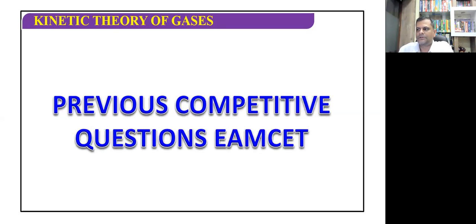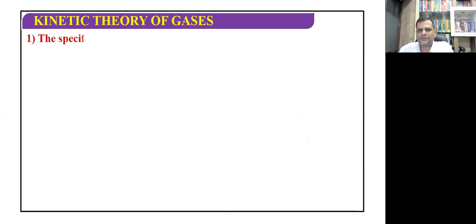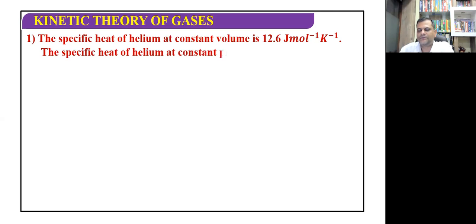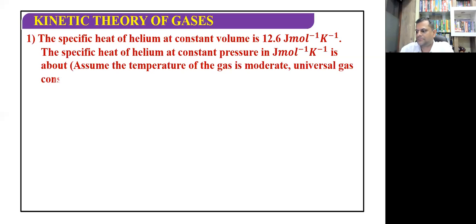Yes, the questions asked in previous exams. Okay. So first of all, the specific heat of the helium at constant volume is given to be 12.6 joule per mole Kelvin, and the specific heat of helium at constant pressure is also given there.